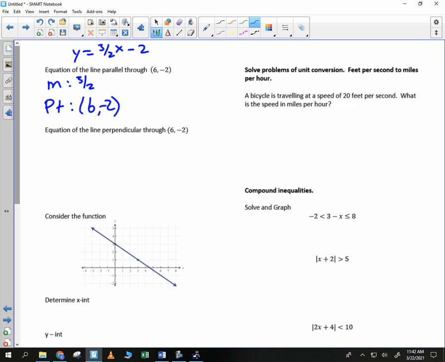Do you remember our formula we use for finding an equation for a line? y minus y1 equals m times x minus x1. And so you have y what?